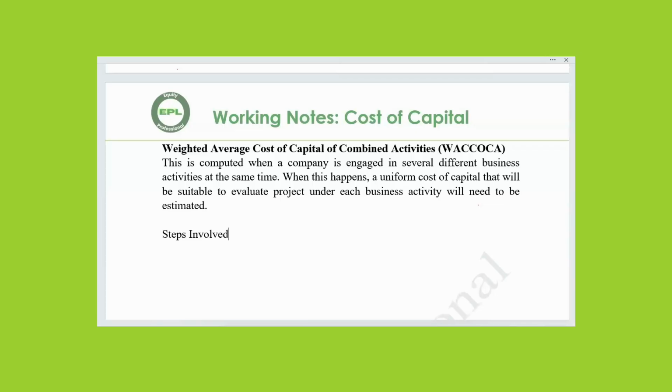All right. So that's what is known as WACOCA, the steps involved in calculating WACOCA.